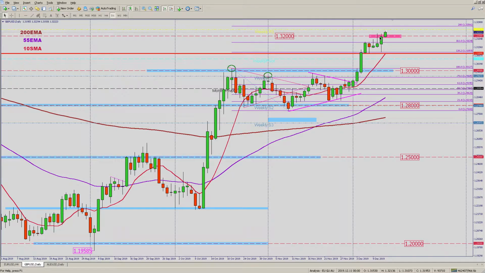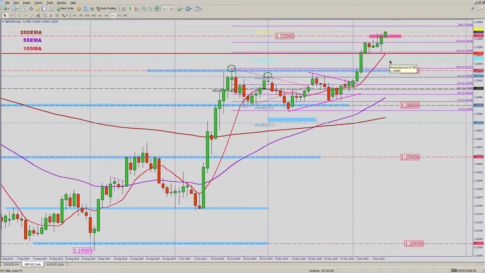It's already hit the 132 level again because of the Fed decision, and now coming up is the UK elections starting later today, but the results will only start to roll out early Friday morning in Singapore.